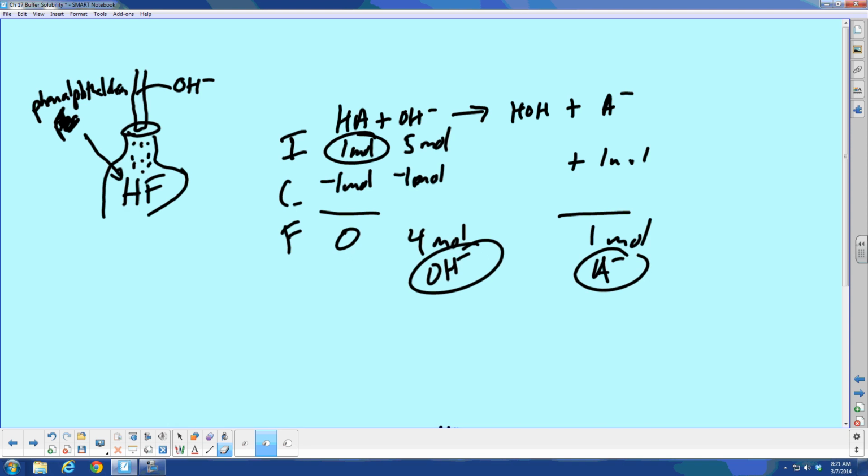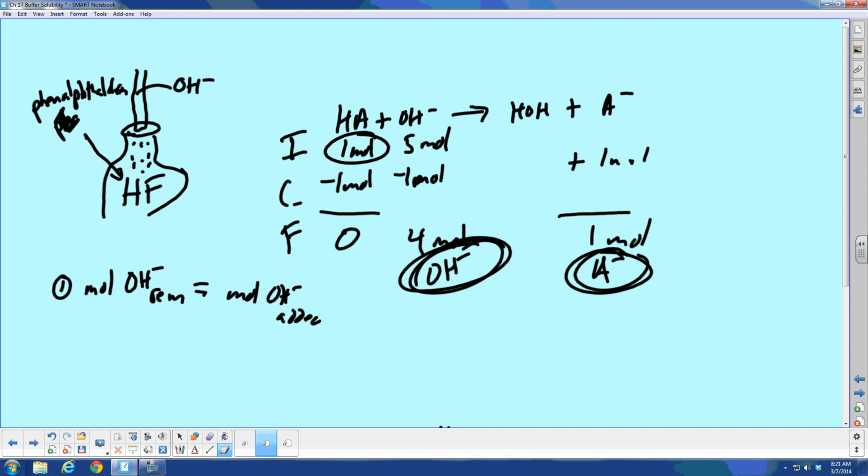Now, it turns out that this hydroxide overwhelms the pH contribution of my conjugate base, so we essentially ignore it and just focus on the hydroxide. So here's the process. Number one, we want to know the moles of hydroxide left over, which will be equal to the moles of hydroxide added minus the moles of my original HA.